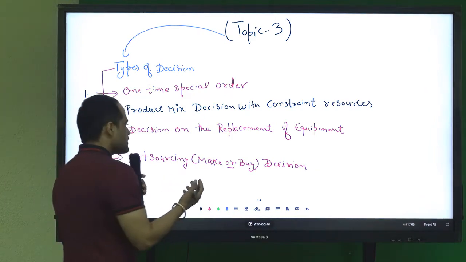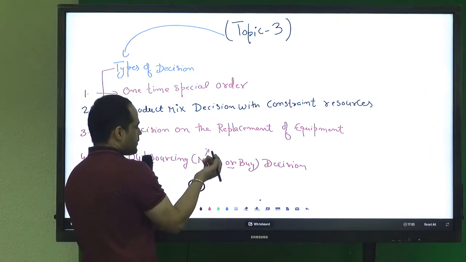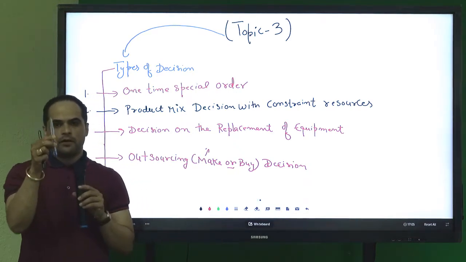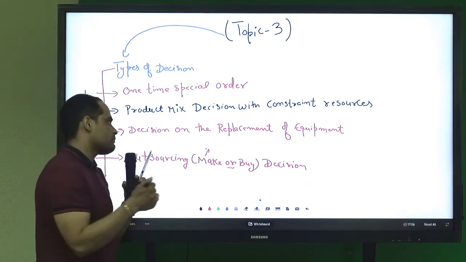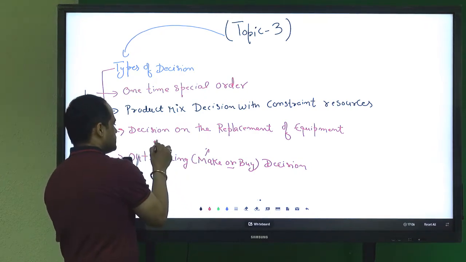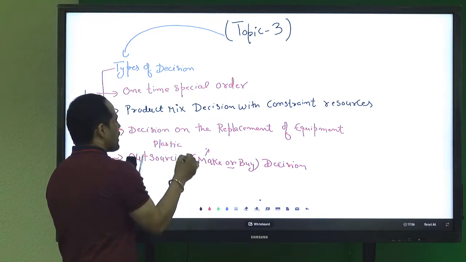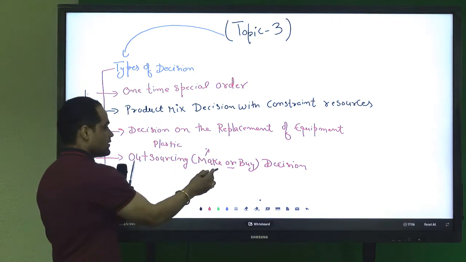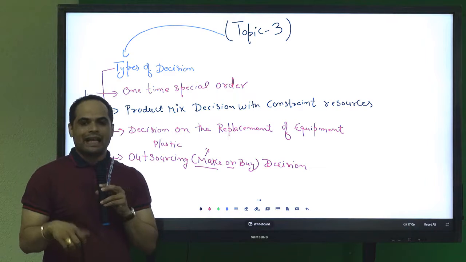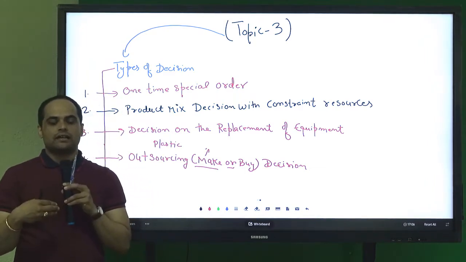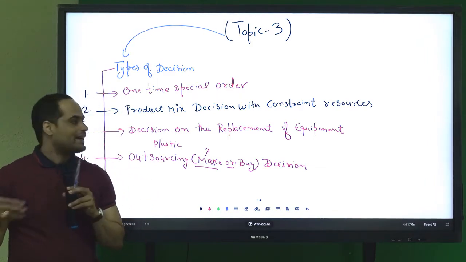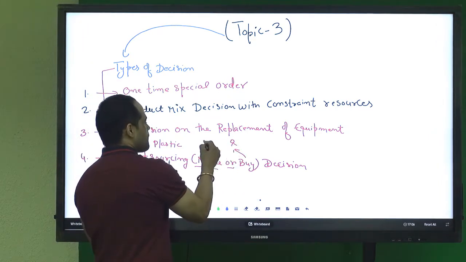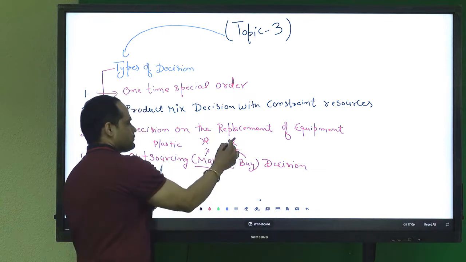Make means, for example, my product is this pen, and the raw material to make this product is plastic. So I have two options. Option 1, I produce plastic in my factory, and then I use that plastic to make the product. And the second option is I buy this plastic from a supplier.